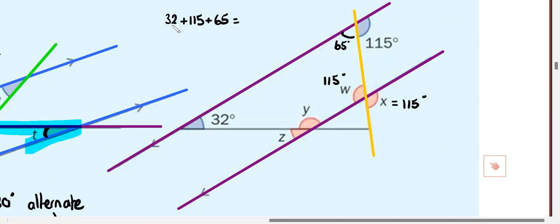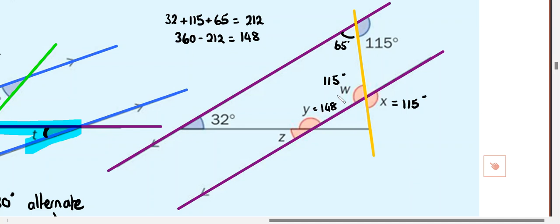Then 180 plus 32 is 212. So then we've got to do 360 minus the 212, which is 148. Now, does Y look like 148?